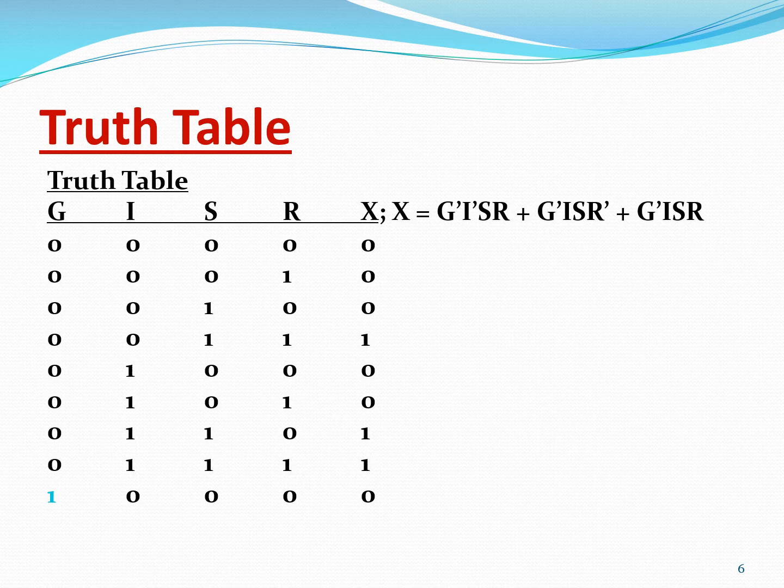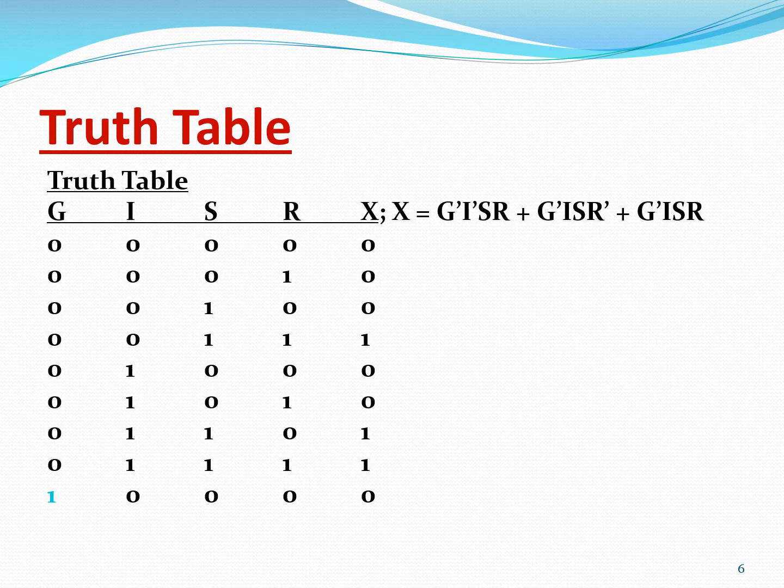Similarly, 1, 1, 1, 0. So that means the rifleman and the intelligence operator have pressed the button, and the supervisor has also pressed the button, so the output will be 1. Similarly, 0, 0, 0, 1: the guard has pressed the button, but the supervisor has not, therefore it will be 0.